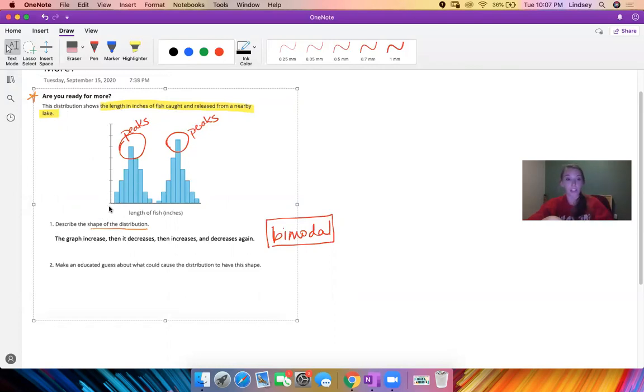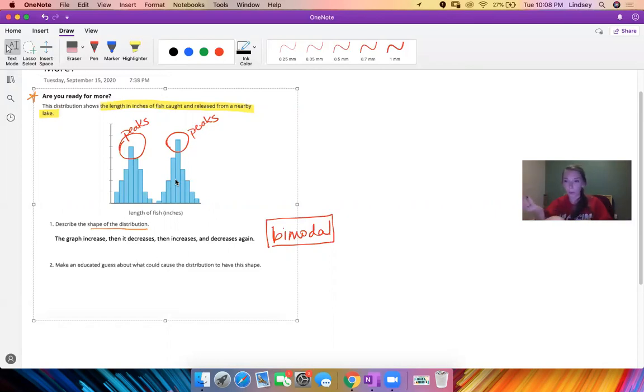We caught a couple of fish, who knows how many because this side isn't labeled, but let's say one fish was really short. Then we caught a few more that were longer, a lot that were really long, and then fewer that were longer still. They range over all different lengths, but we caught more of certain lengths. The higher the graph goes, the more of that length fish we caught.